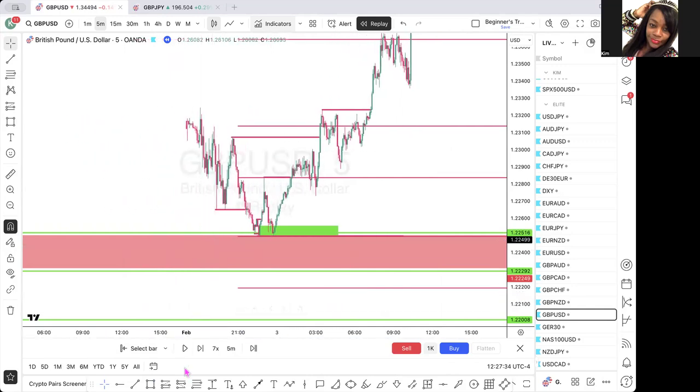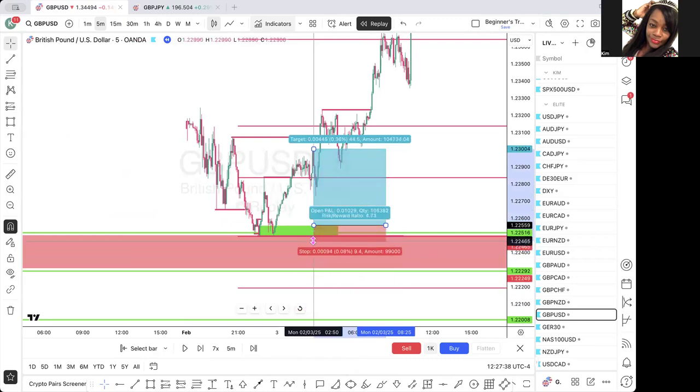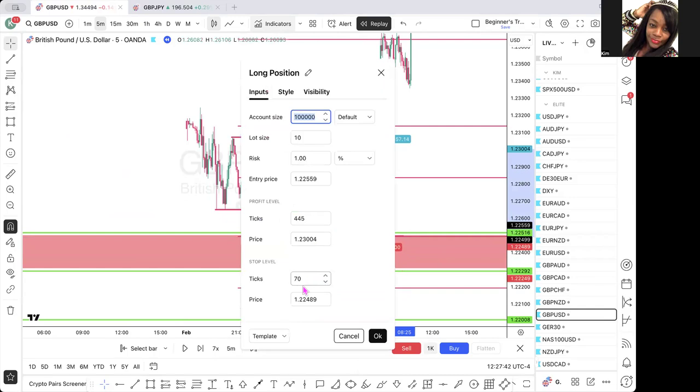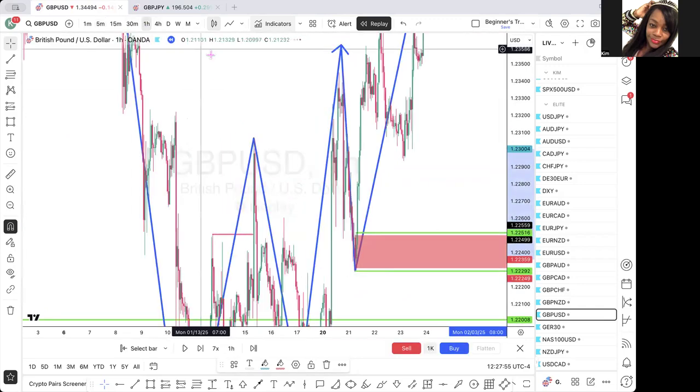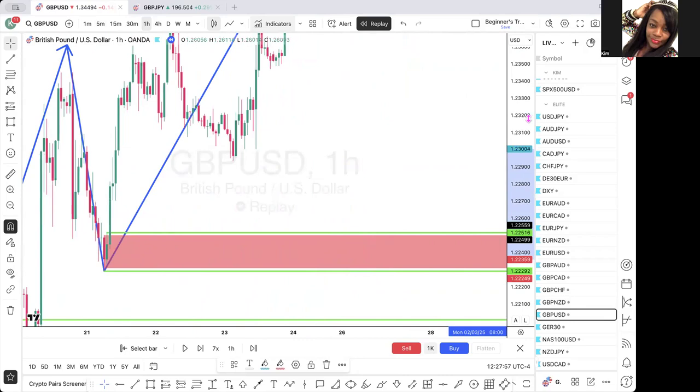You could have put your pips. Although this is a 7 pip trade, I'm always going to put 20 pips. So you could have gotten in here and then taken it back up to your target.